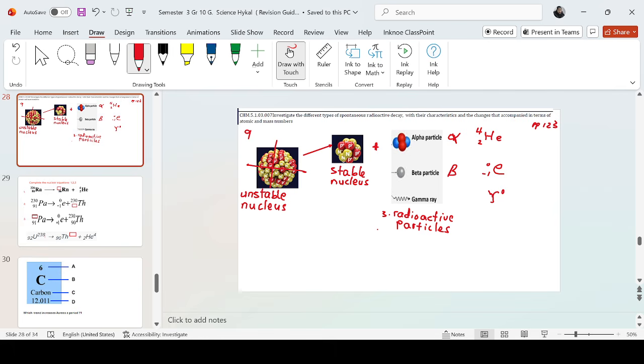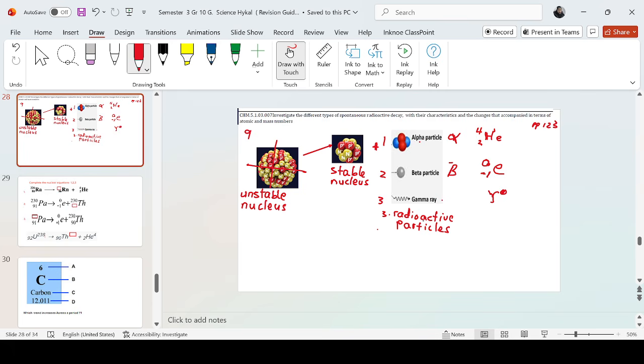In the process, when they break down, they give us 3 radioactive particles, alpha, beta, and gamma. You must know that alpha are helium particles with a mass of 4, atomic number 2. Beta are electrons, mass is 0, atomic number is -1. Gamma, the mass is 0. This is light. It's radiation. We say gamma rays, like light. 0 mass.